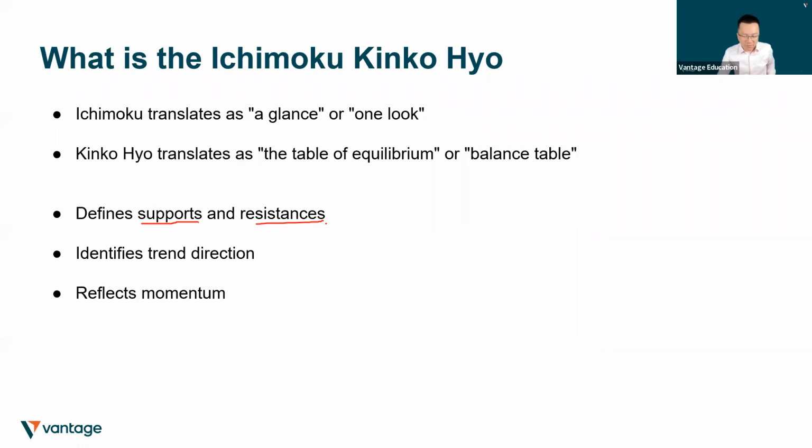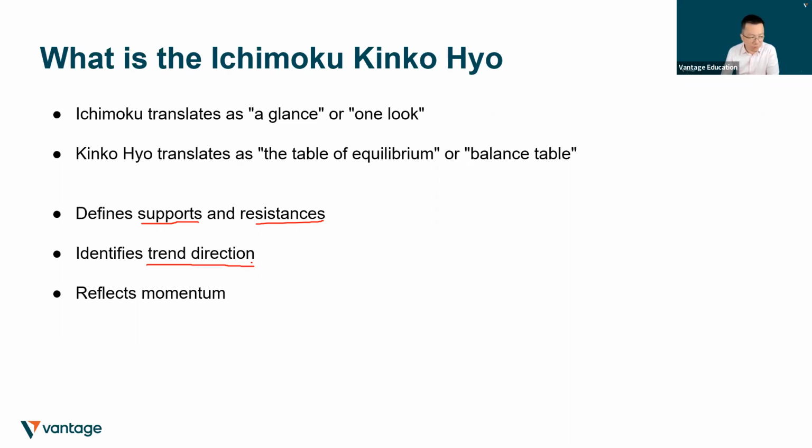I'm pretty sure some of you have gone through sessions I've done about support and resistance levels, where I told you about horizontal levels, or using a moving average as a support or resistance level. This Ichimoku gives you what I would consider a dynamic view of the support and resistance level. And it also gives you the direction of the trend.